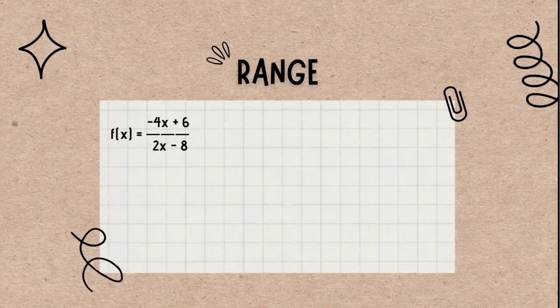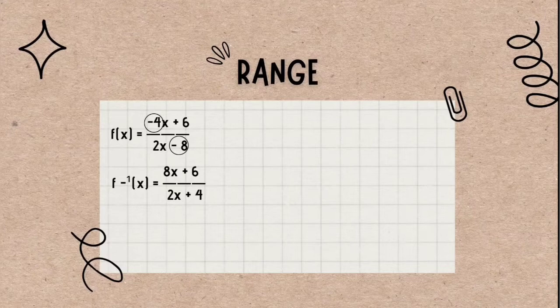So, let's proceed on to the next example. F of x equals negative 4x plus 6 over 2x minus 1. So, pagpalitin na natin ang numerical coefficient ng numerator sa denominator. F negative 1 of x equals 8x plus 6 over 2x plus 4. Let's equate the denominator with 0.